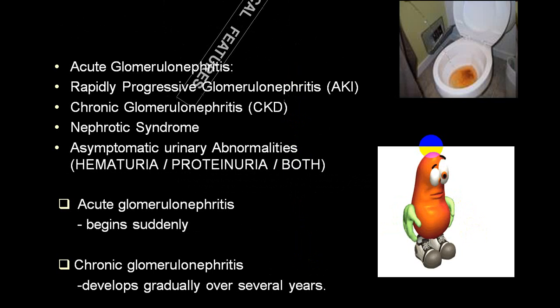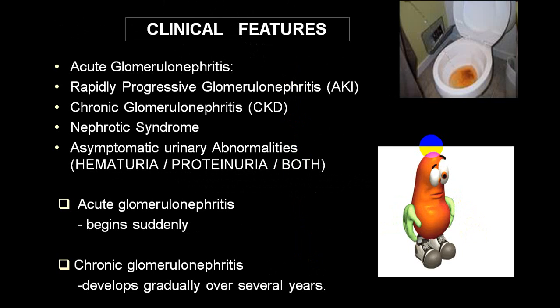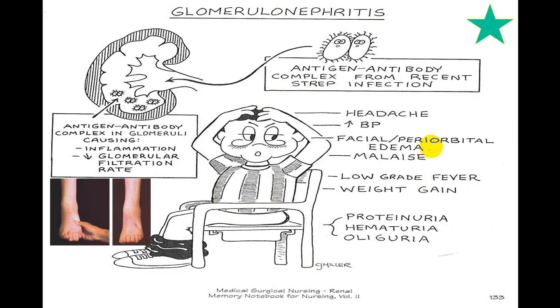Glomerulonephritis will present in 5 different groups: acute variety, rapidly progressive variety, chronic variety, nephrotic variety, and asymptomatic urinary abnormality. Usually acute glomerulonephritis begins suddenly, while chronic, if it is going into chronicity, will develop very gradually over a period of many years.